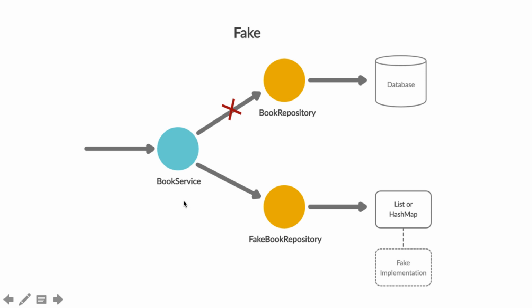By doing this, we are testing our BookService class without going to the actual production database, and instead using the FakeBookRepository, we are making everything very local. So by using a fake test double, we can test the BookService class efficiently, and the test cases we are writing are very fast because they don't have to go to the actual database.